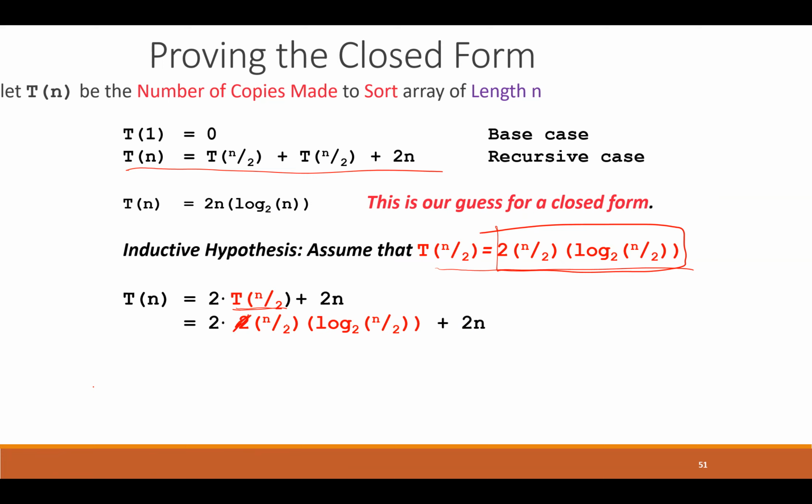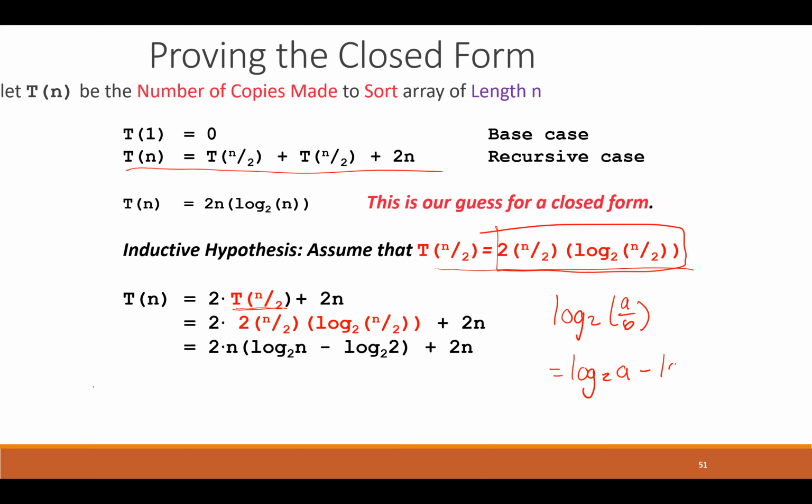I can see that this 2 and this 2 cancel. So I end up with 2 times n, and then times this log base 2 of n over 2. Log base 2 of a divided by b is equal to log base 2 of a minus log base 2 of b.